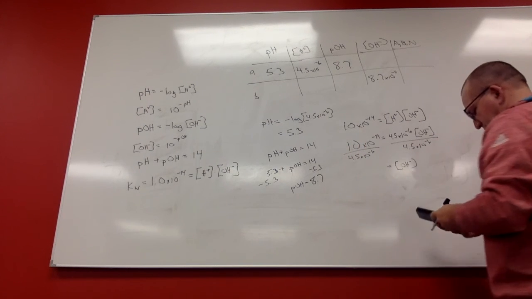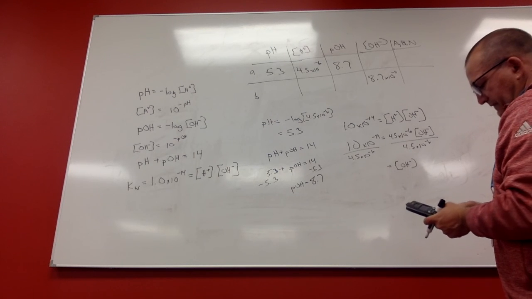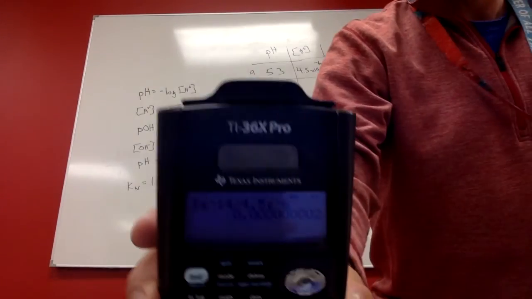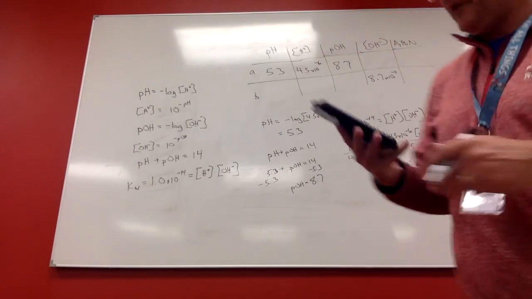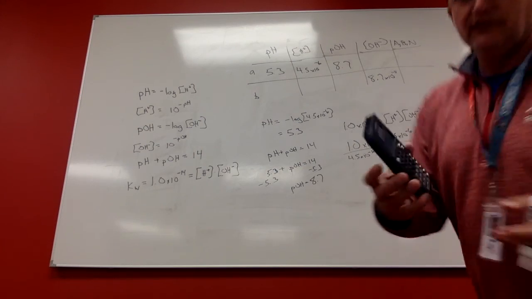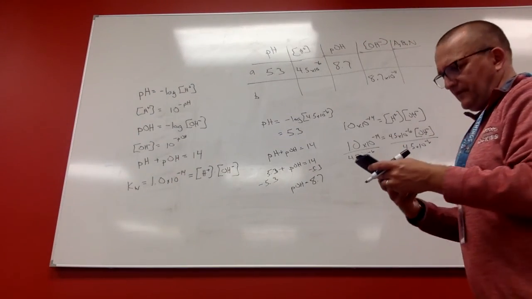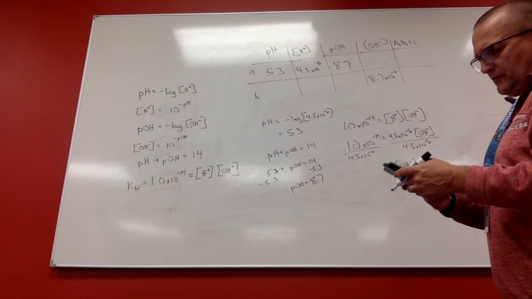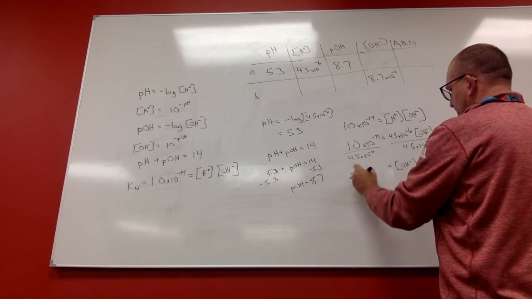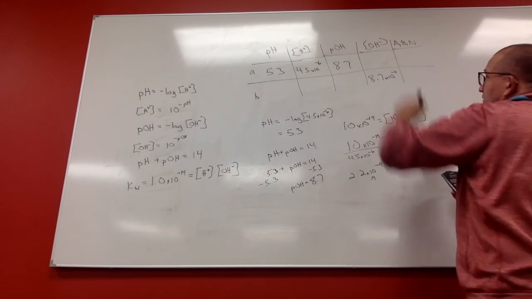My hydroxide ion concentration then is 1e negative 14 divided by 4.5 e negative 6. And I get this really, really small number. If you put your mode in scientific notation on your calculator, which you could do here, right, then your number will be in scientific notation. And you'll get, I'm going to keep it in scientific notation, 2.2 times 10 to the negative 9 molar. And that would go there.